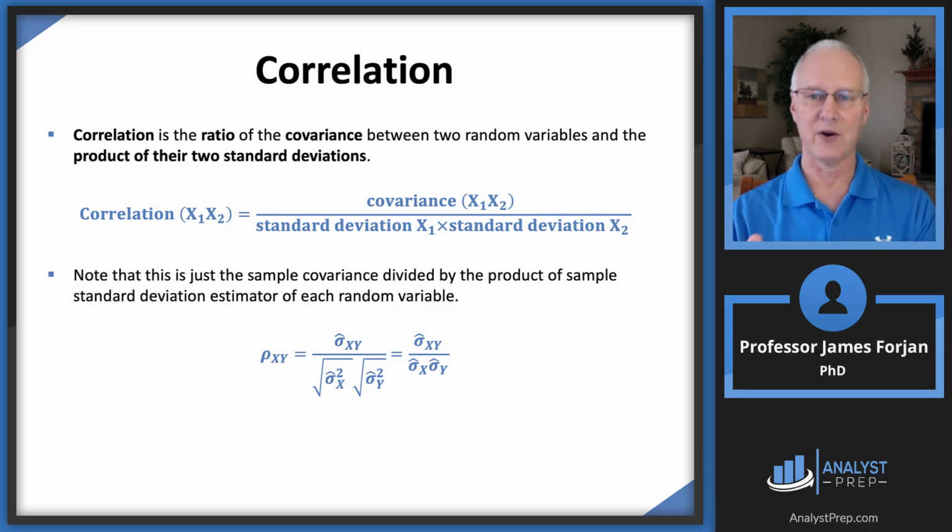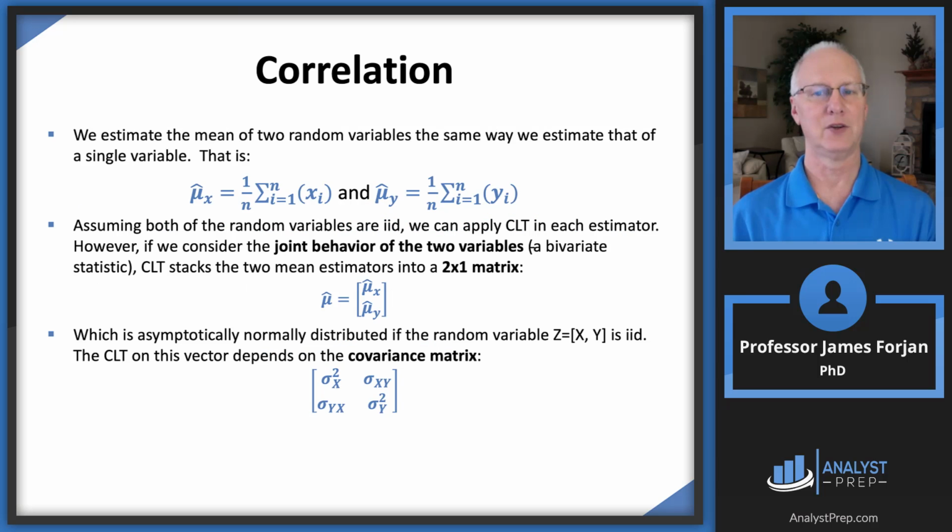When we standardize it by dividing by the product of the two standard deviations, we get another metric called the correlation coefficient. Now, what do we know about correlation coefficients? We know that their range is between -1 and +1. Now we can make some reasonable conclusions, not only about the direction of the relationship, but about the magnitude of the relationship.